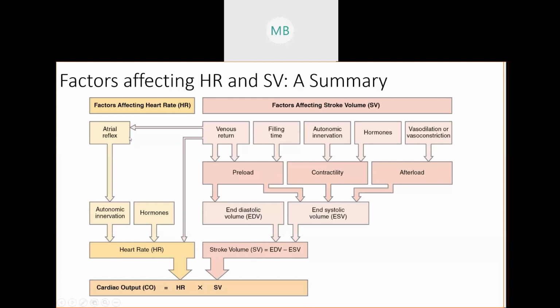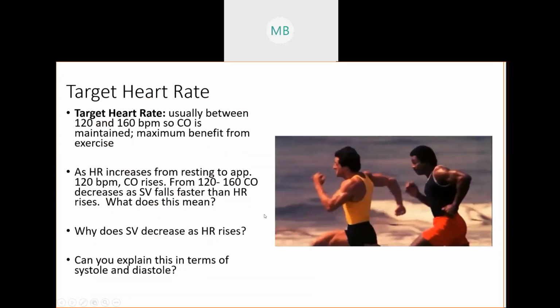And meanwhile, you have your atrial reflexes and autonomic nerves and hormones controlling your heart rate. And all of this put together determines your cardiac output, which is how much blood your heart can pump. In this nice little formula, cardiac output is equal to your heart rate times your stroke volume.